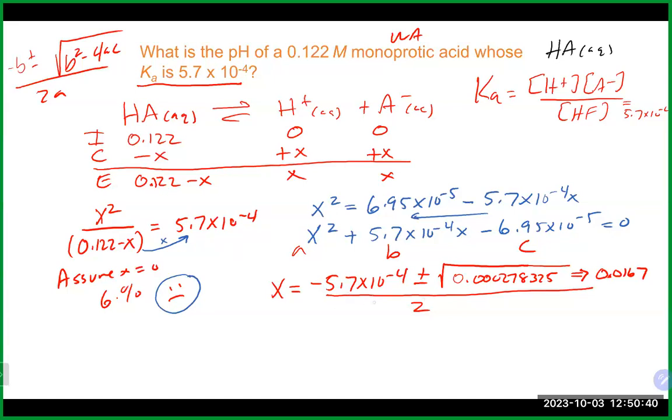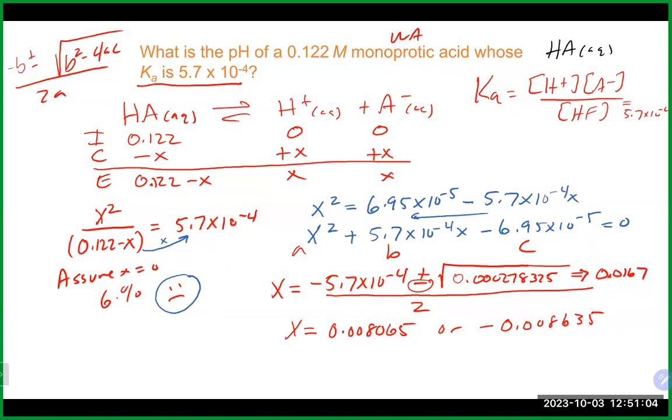So doing the positive, or adding, I guess is the way of saying that, we would get an x value of 0.008065. And doing the subtraction, going the other way, gives us an x value of minus 0.008635. Any questions on that?